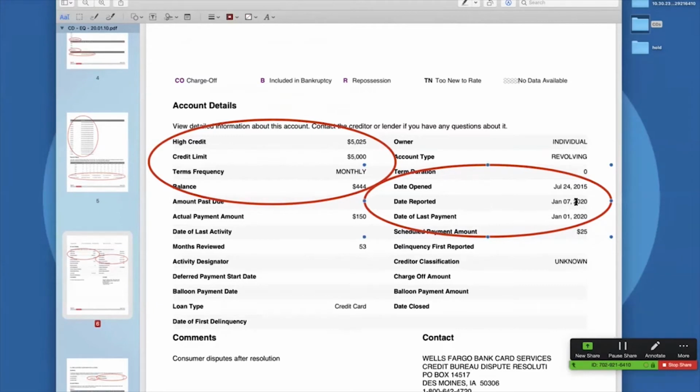Now, I tell students, I tell clients that when you're looking for your reporting date, you can start here, but I do not trust this number because it hasn't always been the exact number or date that we're looking for as the reporting date. So if your lender, in this case Wells Fargo, if you call up the Credit Bureau Dispute Resolution Department and say, I want to know the day this account is reported to the bureaus, they're going to be able to tell you what that date is they have on record.